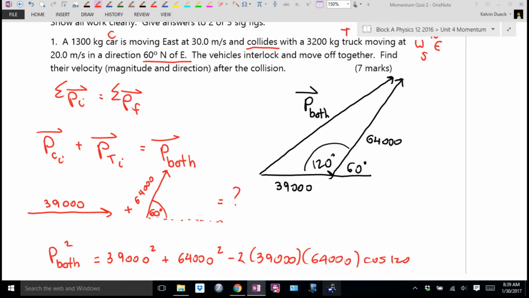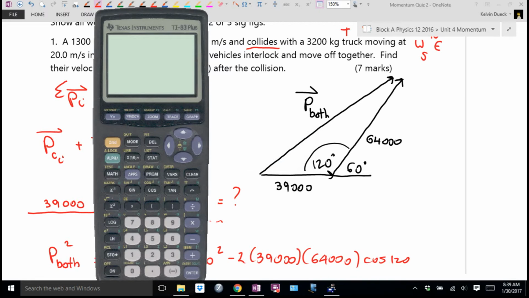I'm going to get 39,000 squared plus 64,000 squared minus 2 times 39,000 times 64,000 cos of 120. Square root, Mr. Dewick.